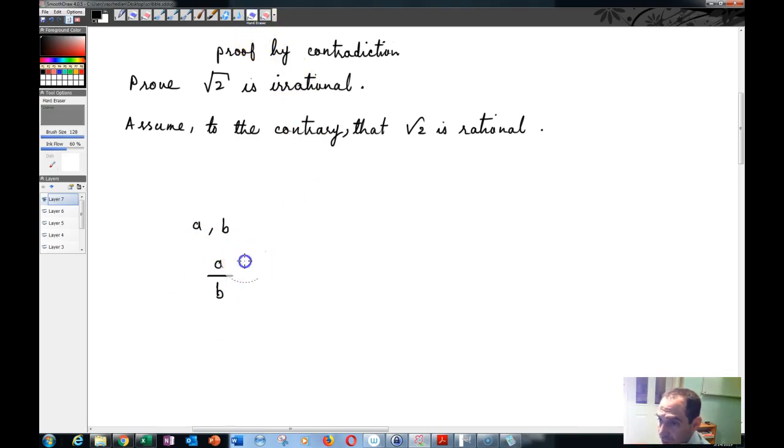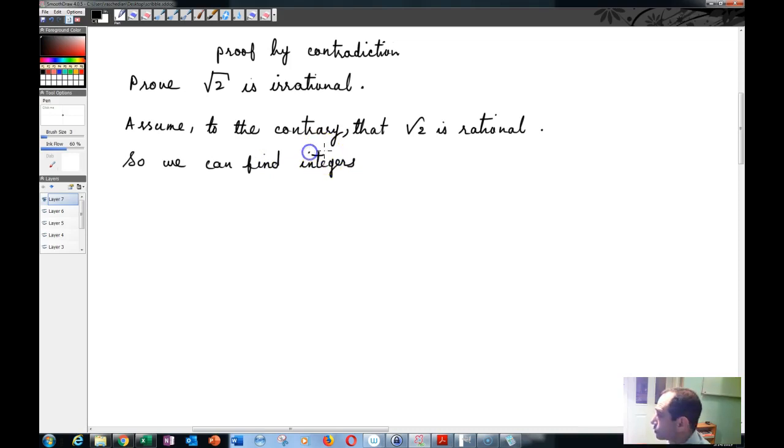So we can find integers, for example, r and s, with s not equal to 0, such that the ratio r to s is equal to the square root of 2.